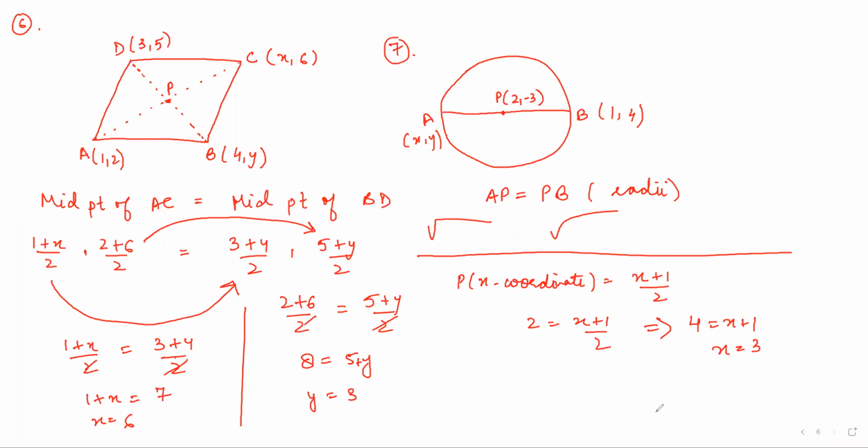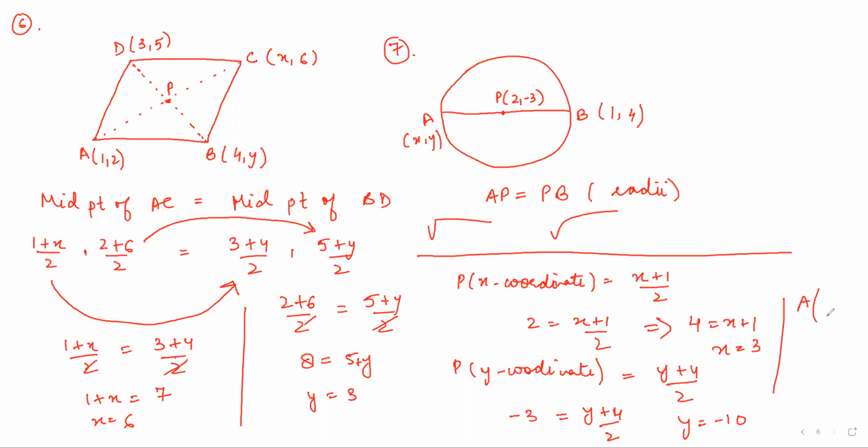Similarly, the y coordinate of P is y plus 4 divided by 2. This is already given, so minus 3 is equal to y plus 4 divided by 2. Now find how much y is. Minus 10. So finally you will write that the coordinates of A are 3 and minus 10.